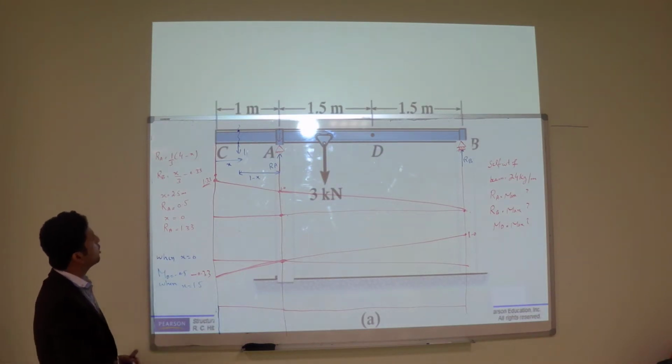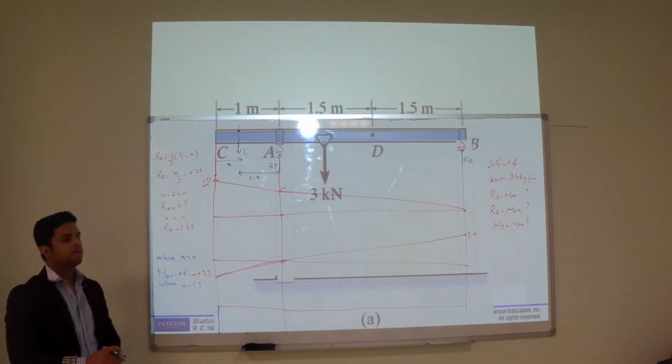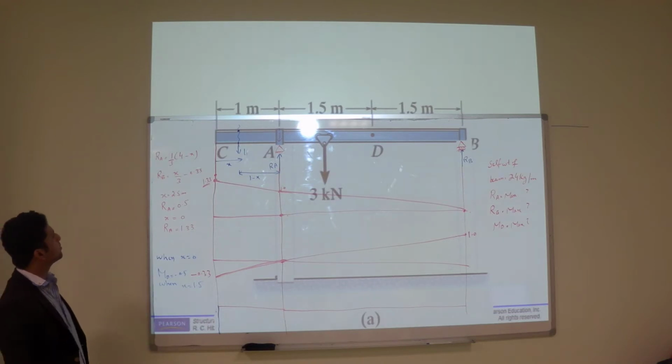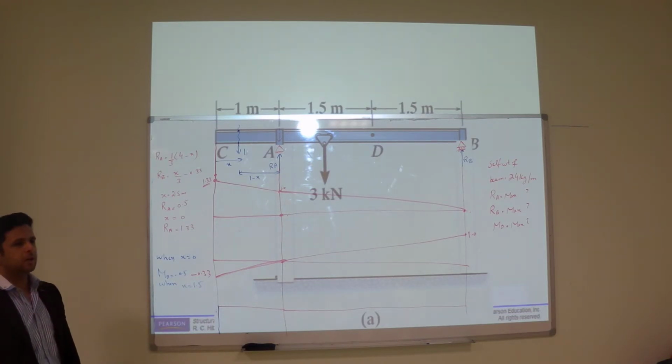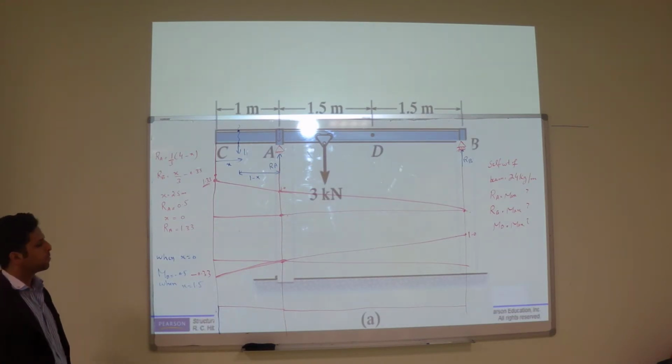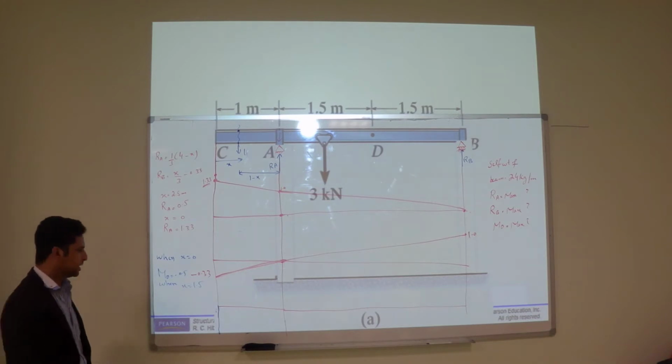Sorry, when x is 1, not 1.5. When x is equal to 1, how much will be RA? 1. And how much will be the moment at point D? 0. 1 is upward.